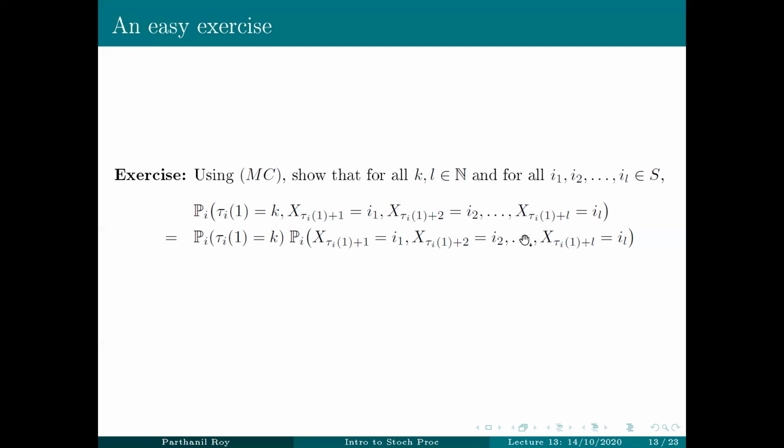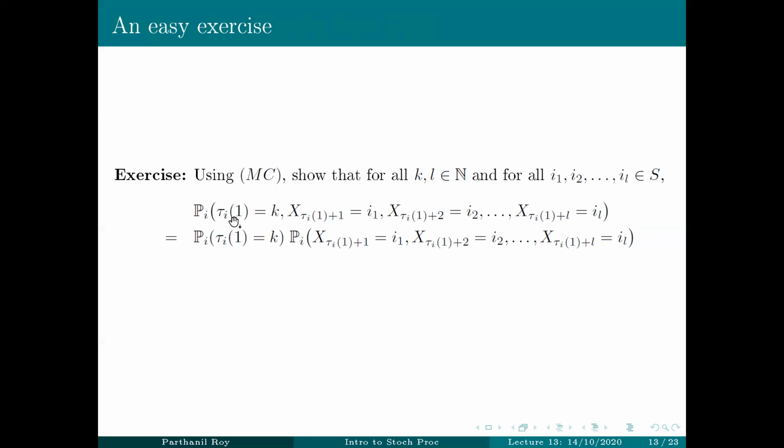This joint probability is given by the product of the marginal probabilities, namely the probability starting from i that the first return time is equal to k, times the probability starting from i that, right after the first return, the Markov chain is at i1, then it's at i2, and so on, all the way up to i_l.